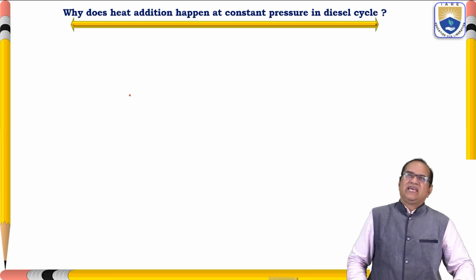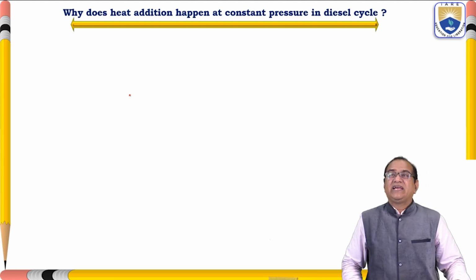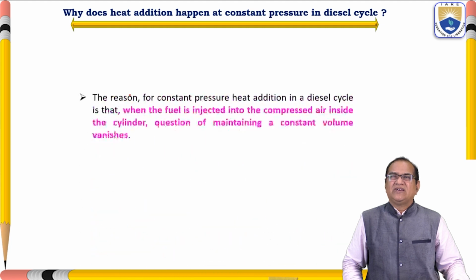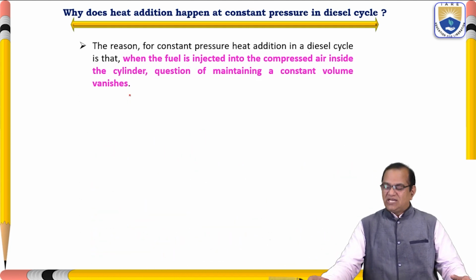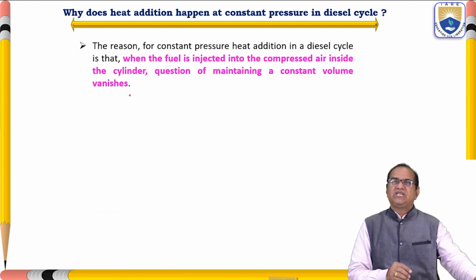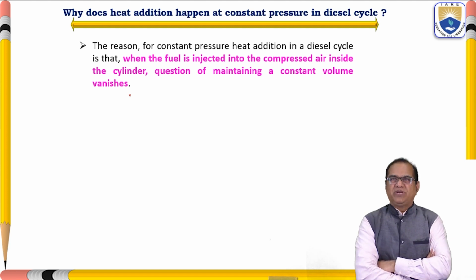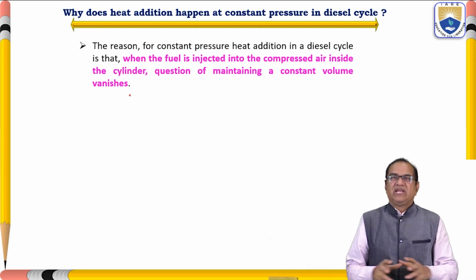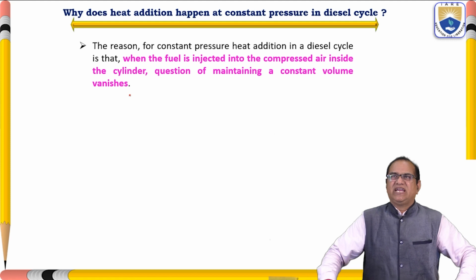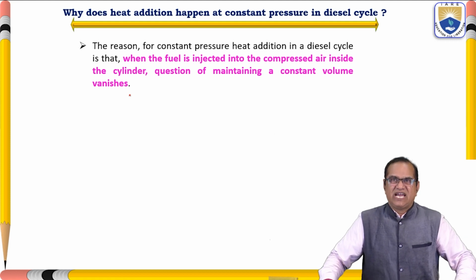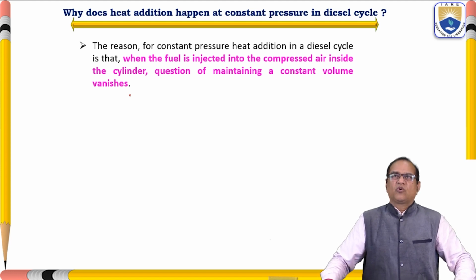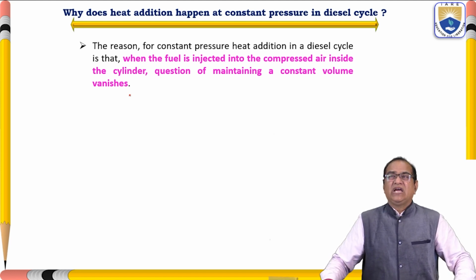Why does heat addition happen at constant pressure in the diesel cycle? So this we can see, the reason why we have chosen that heat addition should be at a constant pressure. The reason is that when the fuel is injected into the compressed air inside the cylinder, the question of maintaining a constant volume vanishes.